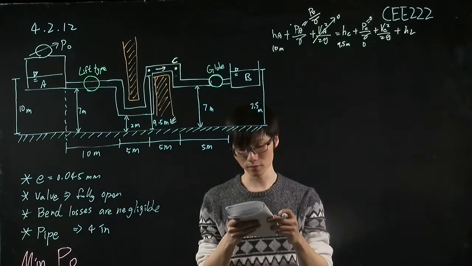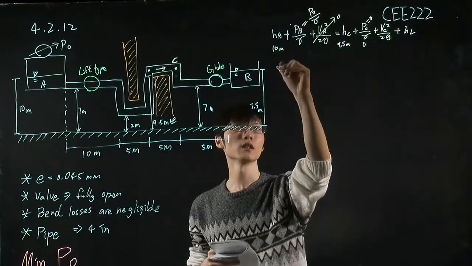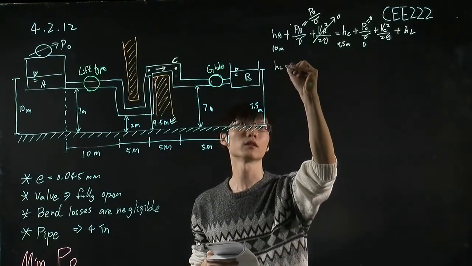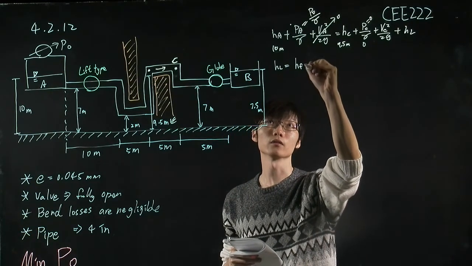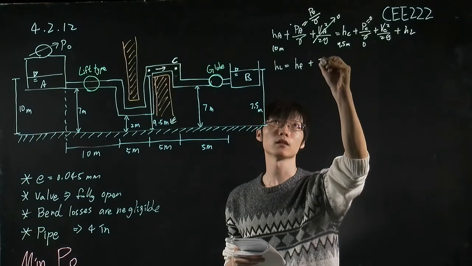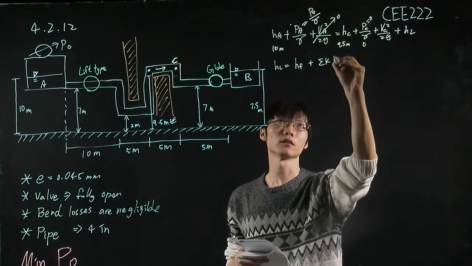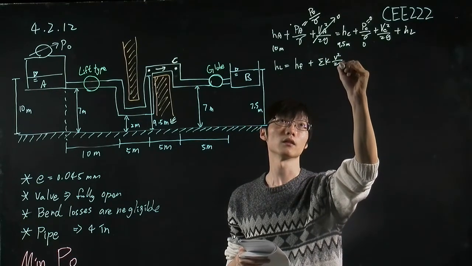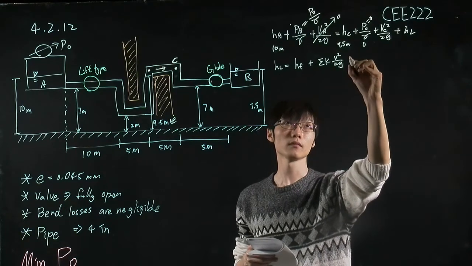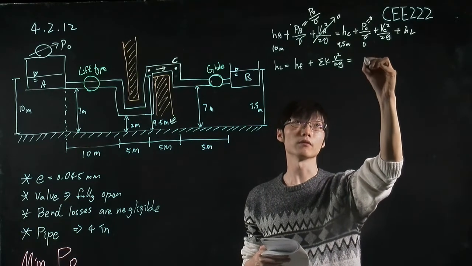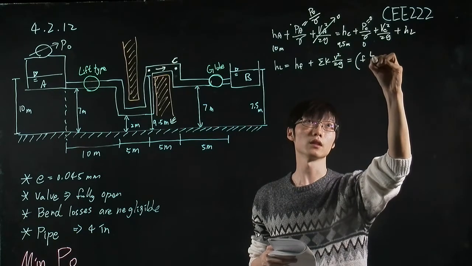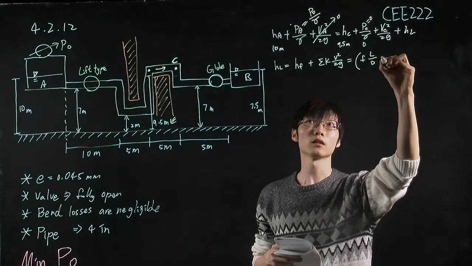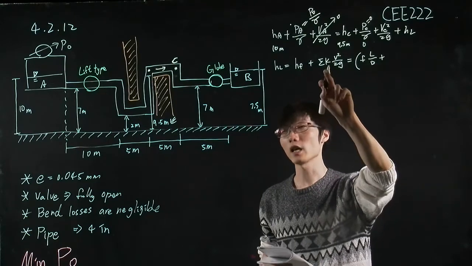How about the head loss? The head loss here is equal to the friction loss plus the minor losses, right? Which we can further write down as (FL divided by D plus K) times the velocity term.